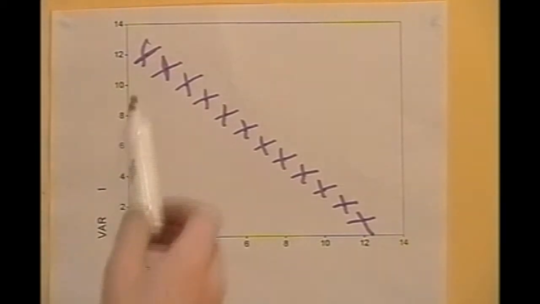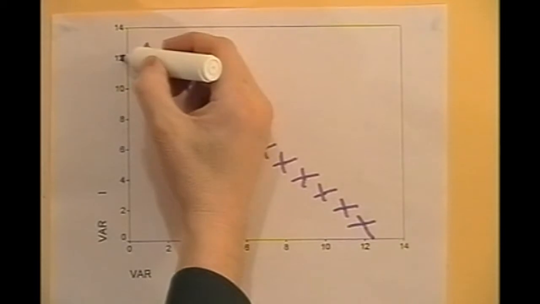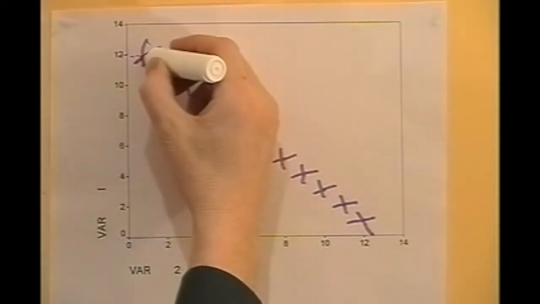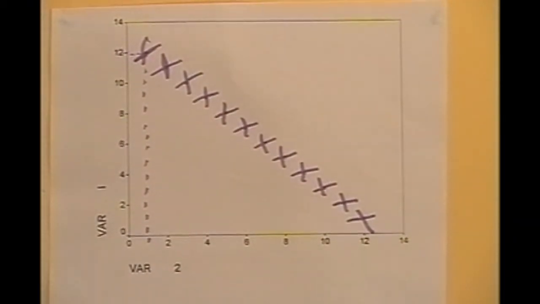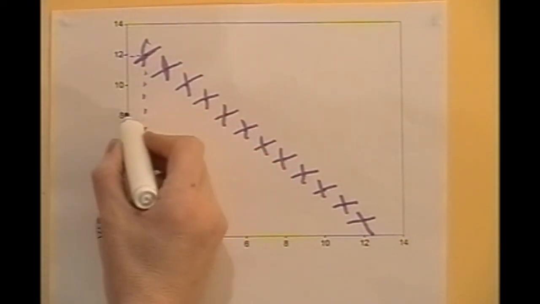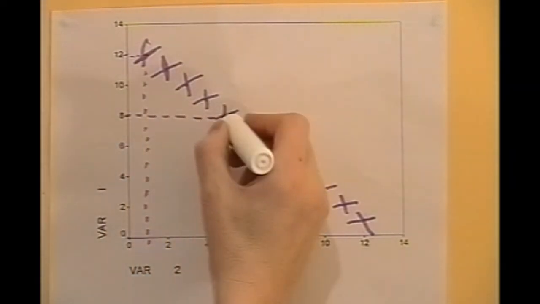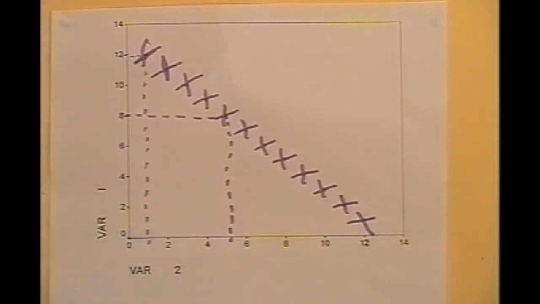So this particular data point here has a value of 12 on variable 1 and a value of 1 on variable 2. This other data point has a value of 8 on variable 1, and on variable 2 the value comes out at round about 5. So in this negative correlation, when the values for variable 1 are high, the values for variable 2 are low.